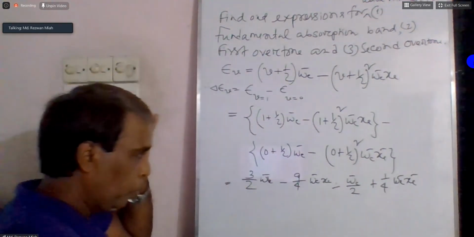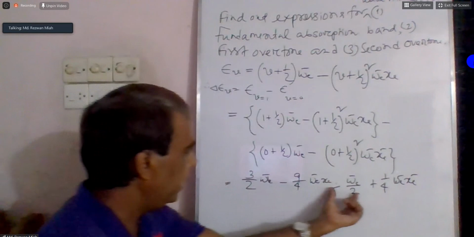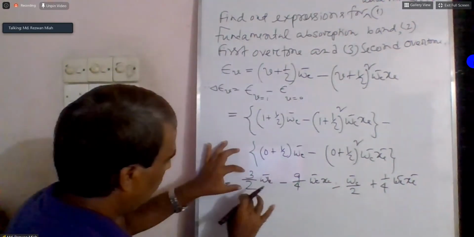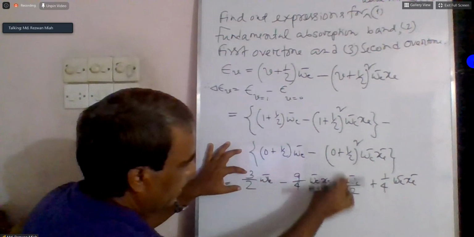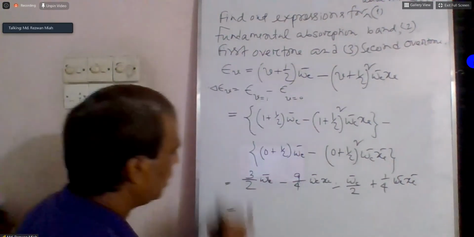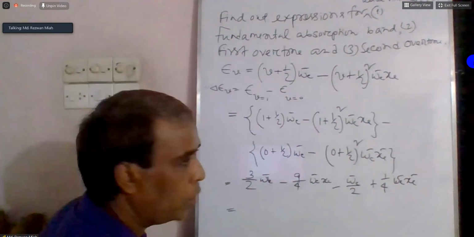So we have two types of terms: one is omega e, another is omega e x. So 3 by 2 minus half, that is 1.5 minus 0.5, simply omega e bar.